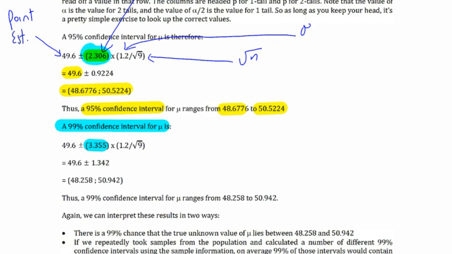I'm going from 95% sure, now I want to be 99% sure confidence level. Then what I have to do is widen my interval a little bit. Everyone comfortable? So you can see it went from 48.6 to 48.2, all the way to 50.9 from 50.5. The interval itself got a little bit wider because I wanted to be a little bit more sure.